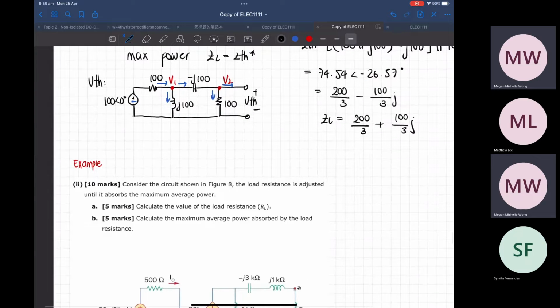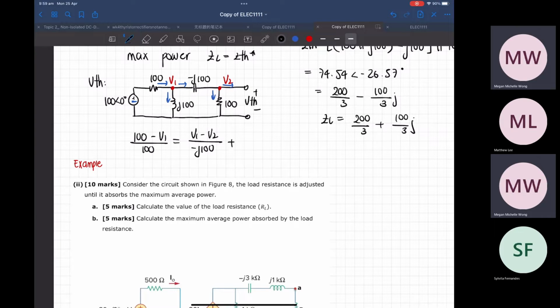So let's solve for the first part, which is (100 minus V1) over 100 equals (V1 minus V2) over j100, and then this is plus V1 over j100. So that's the KCL right in here. And then the second KCL would give me (V1 minus V2) over minus j100 equals V2 over 0.